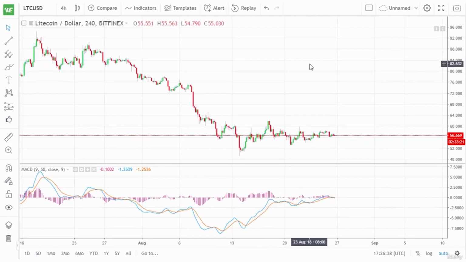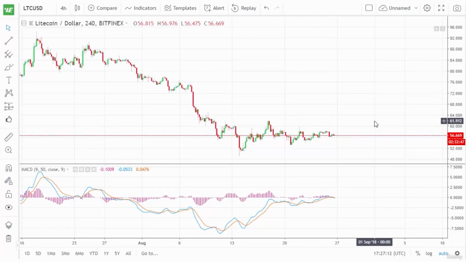What this indicator is essentially doing is plotting the blue line, the 9 moving average, which we have just discussed in the previous video, and the 50, the orange. When they cross, it behaves very much like a moving average crossover system, but the MACD measures the divergence, the strength of separation between these two moving averages.